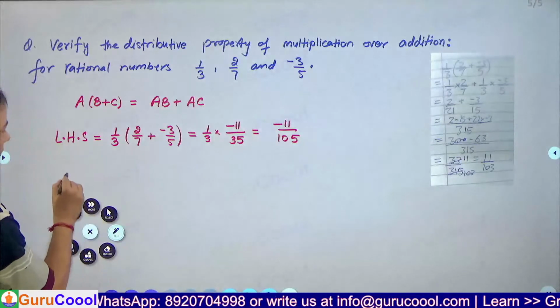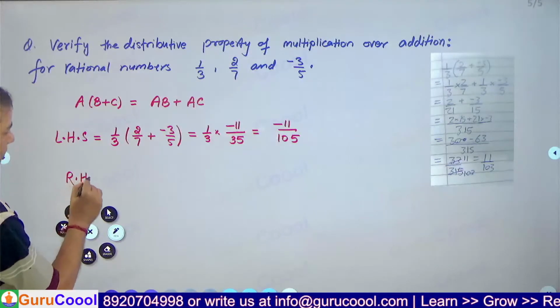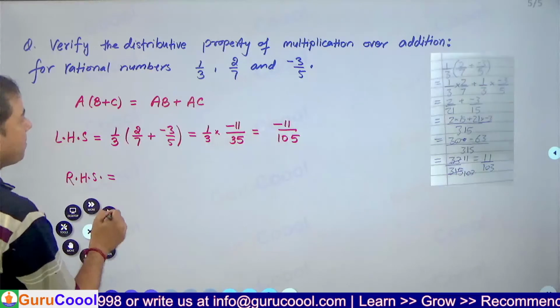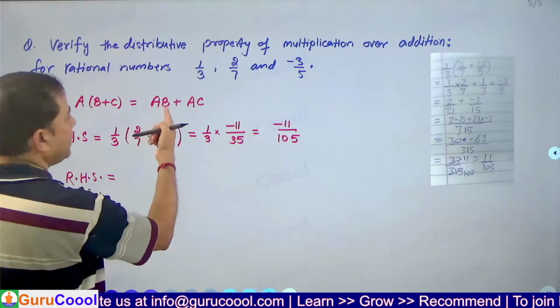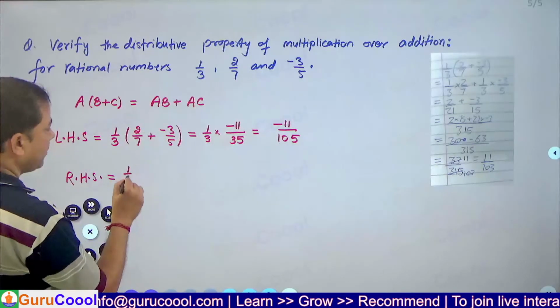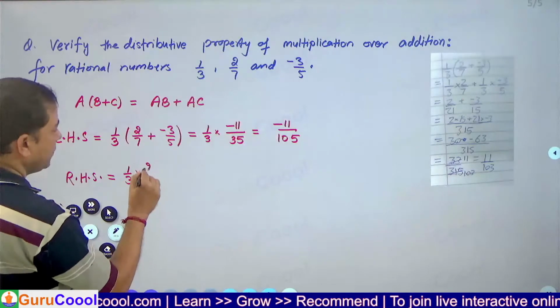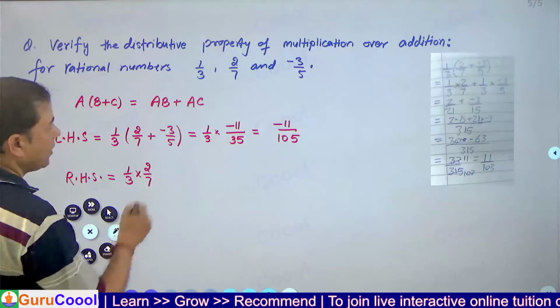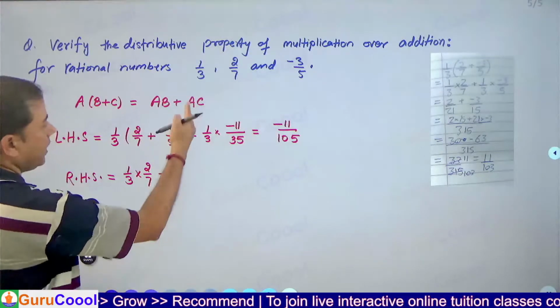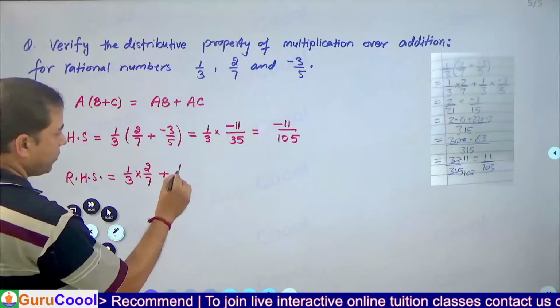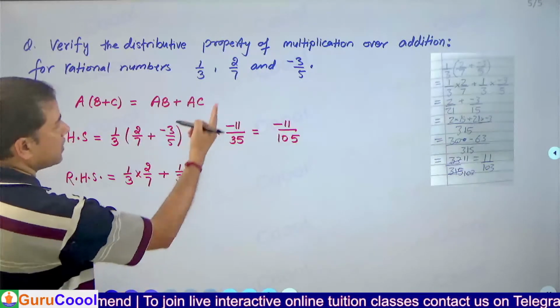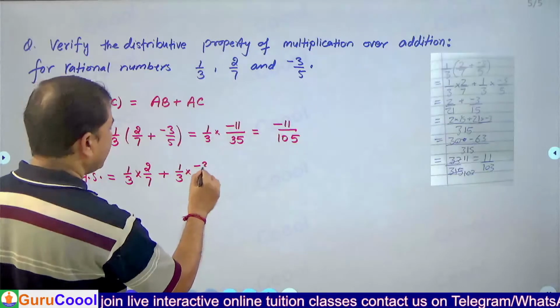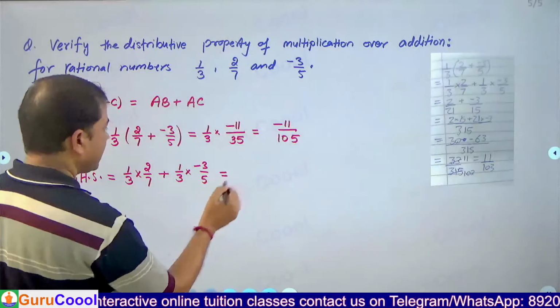Now we will check for the right hand side. On the right hand side, A into B means 1 by 3 into 2 by 7 plus A into C. So A is again 1 by 3 and C is minus 3 by 5. Let us calculate this.